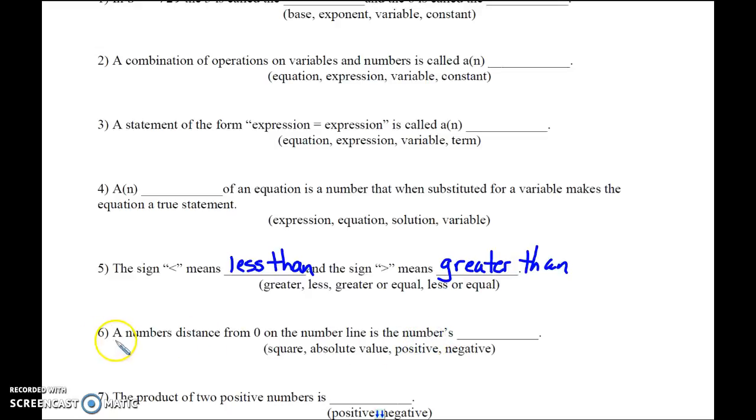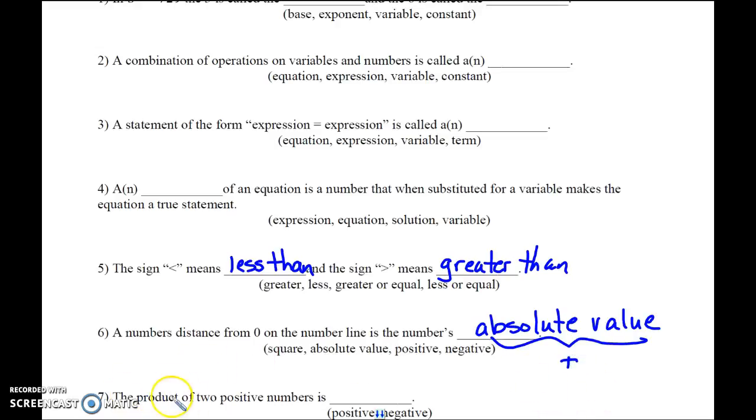Number 6, the number's distance from 0 on a line is called its absolute value. Absolute value is the distance a number is from 0, and distance is always positive. So absolute value of a number is always positive.